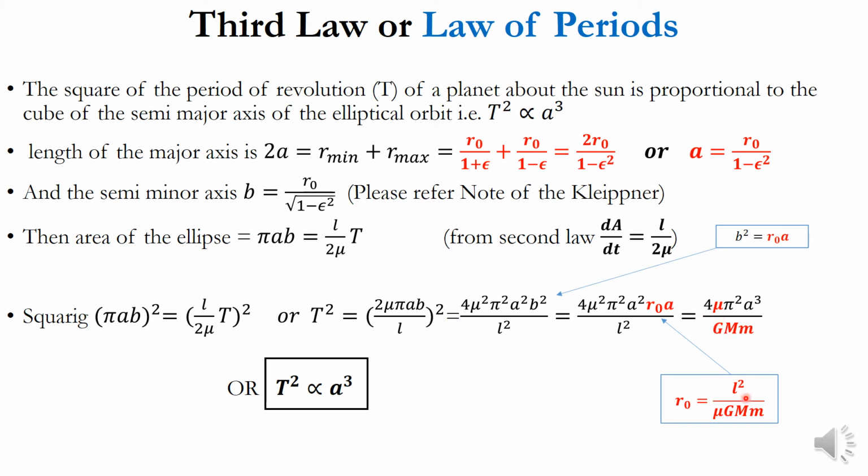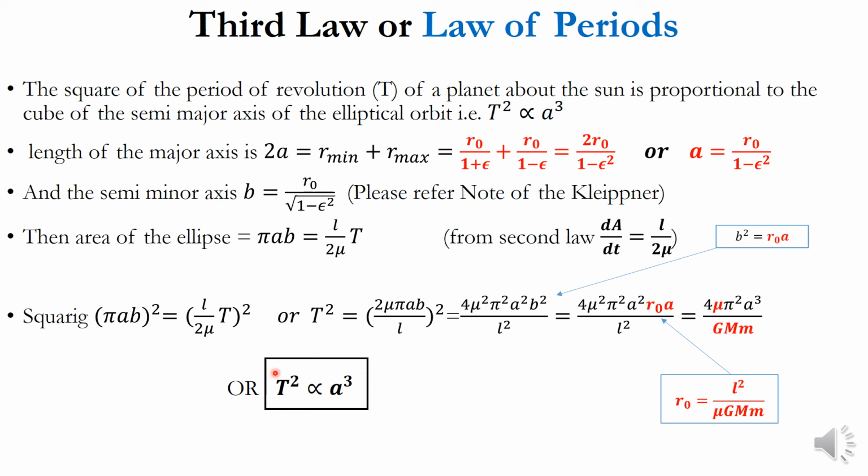One mu gets cancelled, then pi square a cube divided by G M m. This L square also gets cancelled, where 4 is a constant, mu is a constant, pi is a constant, G is a constant, M is a constant, m is a constant, meaning all these are constants, so that T square is proportional to a cube.